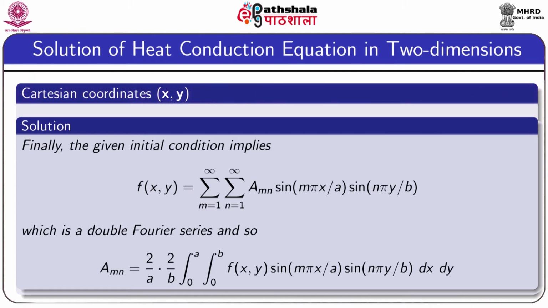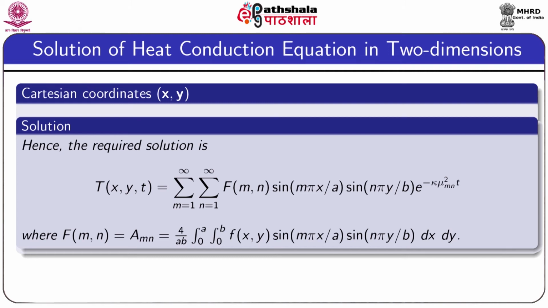So, to obtain a_mn, we can use the orthogonality property of the sine series. Using that, we can obtain the values of a_mn as a_mn equals 2 by a into 2 by b into the integration from 0 to a, 0 to b of f sin(m pi x by a) sin(n pi y by b) dx dy.